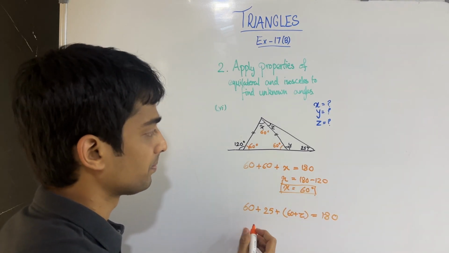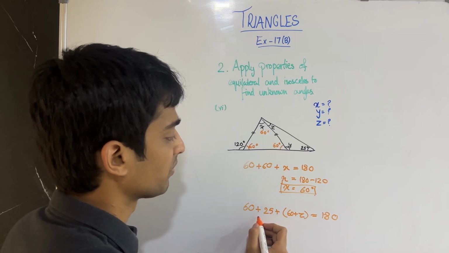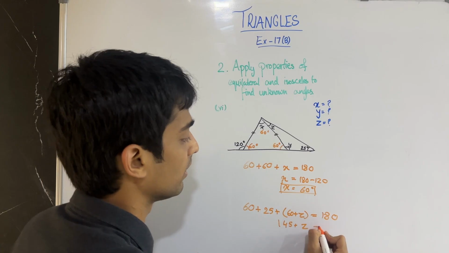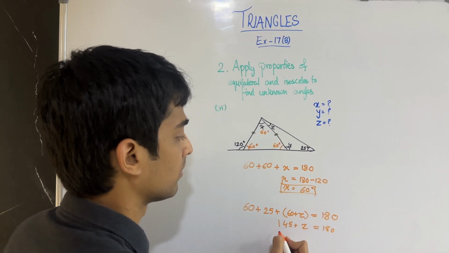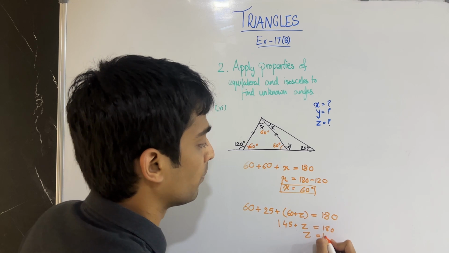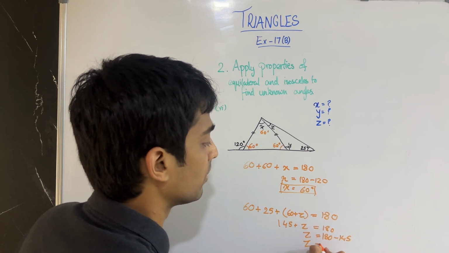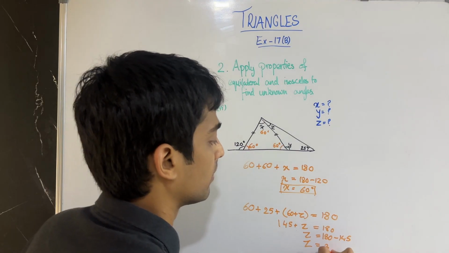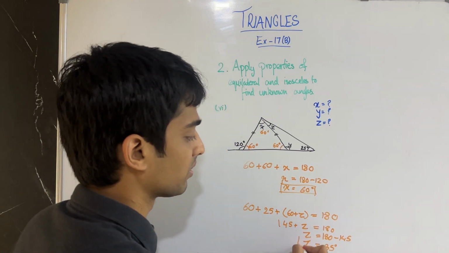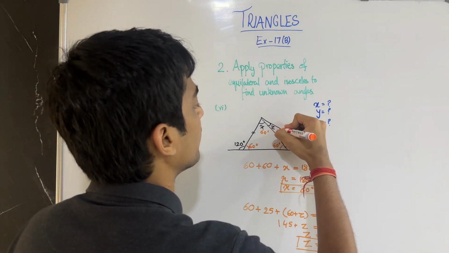Right? Now when we open the brackets, we get 145 plus Z equal to 180. 145 goes that side, we get 180 minus 145. So Z is equal to 35 degrees. So we got Z also. So we can write Z as 35 over here.